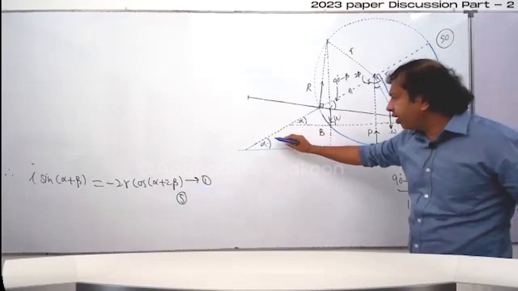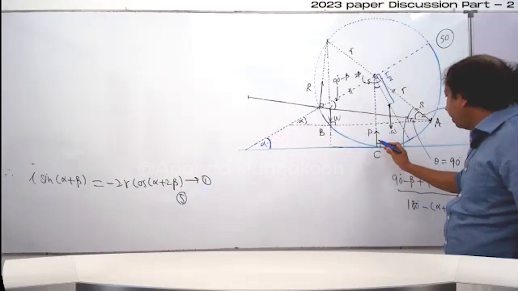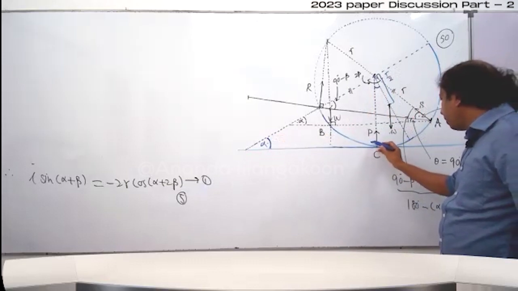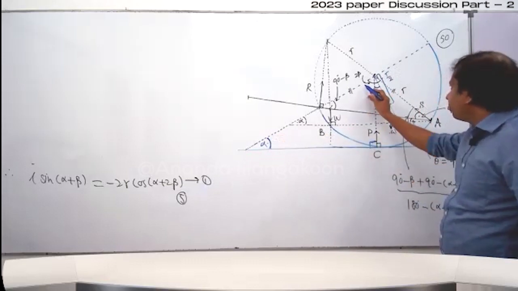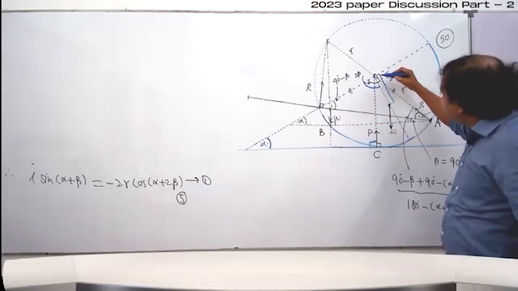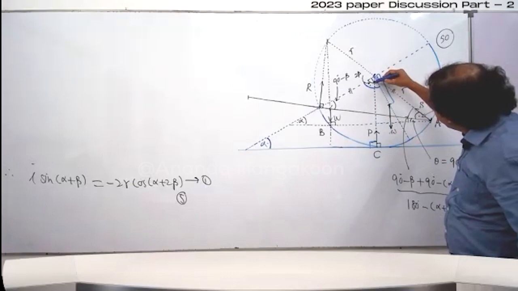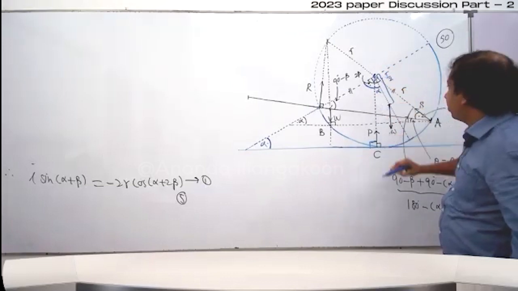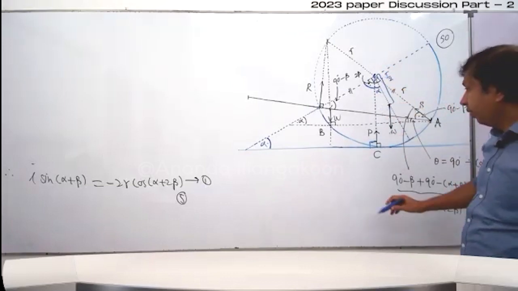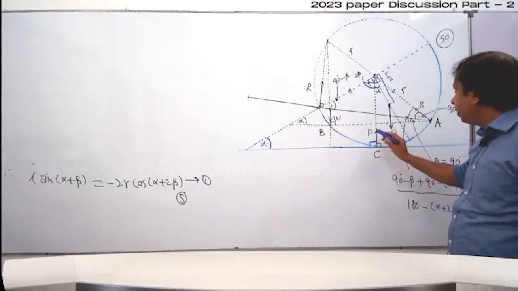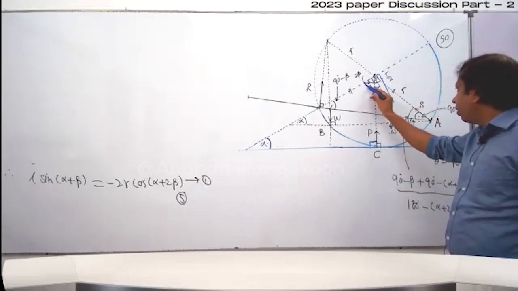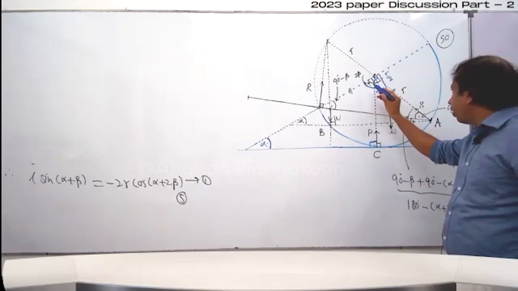You know, this angle is alpha. Here 90, here 90. Then this is 90 minus alpha. But this angle and this angle make 90. Therefore, this is alpha. Am I correct? Here alpha, here 90. Therefore, this is 90 minus alpha. This and this make 90. Therefore, this is alpha.